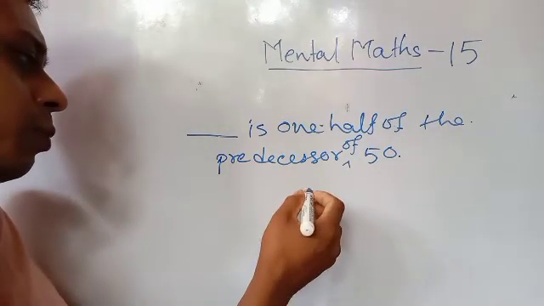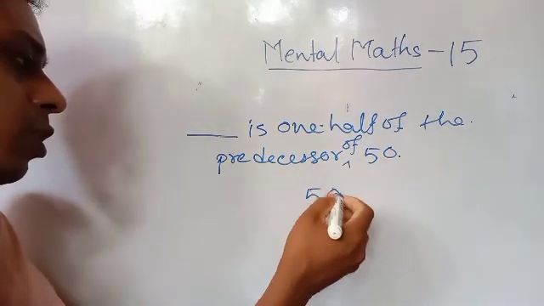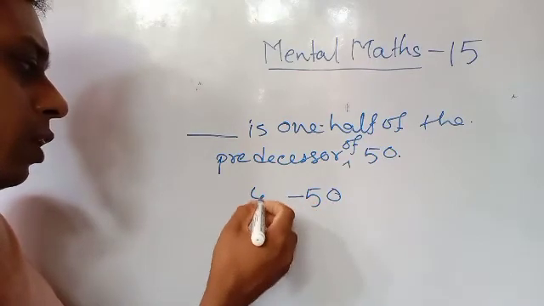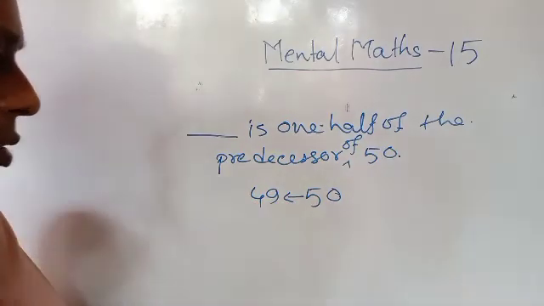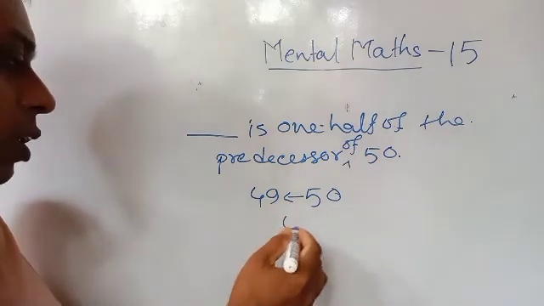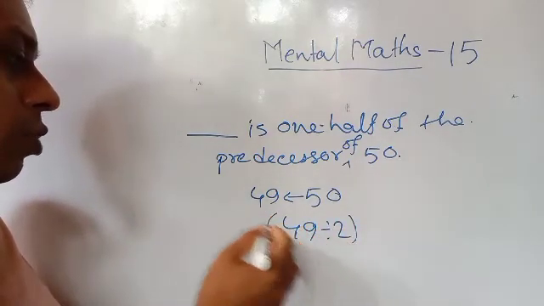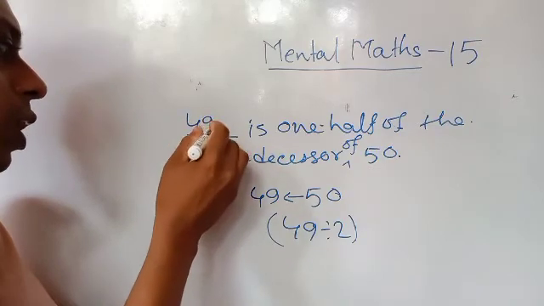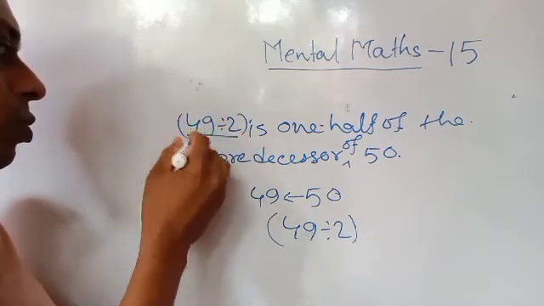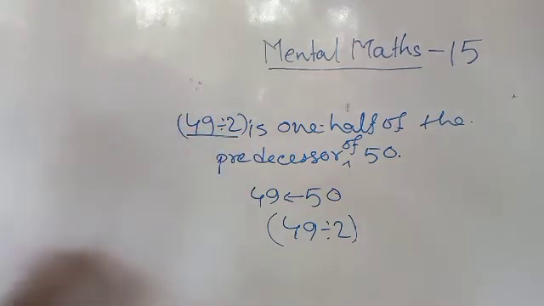Now predecessor of 50, what? Predecessor of 50 is 49. So half of 49 means 49 you have to divide by 2, then you will get half. So 49 divided by 2 will be the answer.